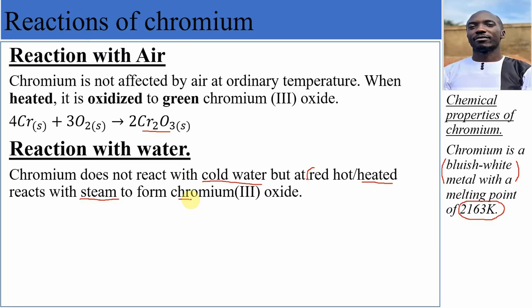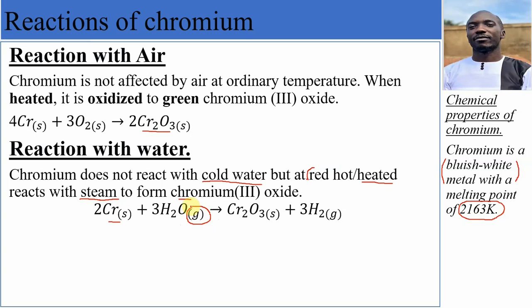And we also make sure that the chromium metal is also heated. So there is the equation. We have chromium reacting with steam. To show that the water is in steam form, you make sure that you give it a gaseous state.